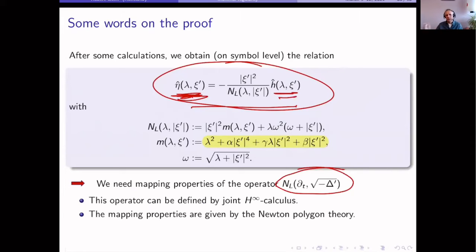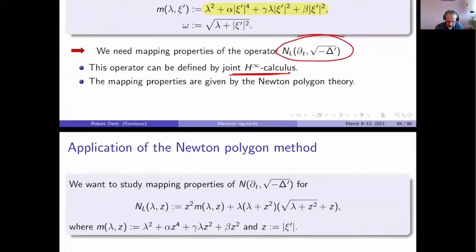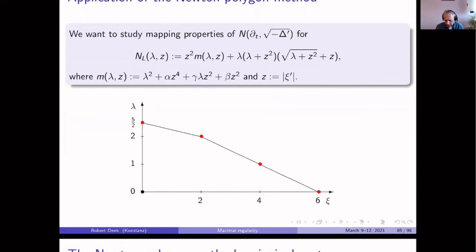Yeah? So this is a complicated expression in lambda and psi prime, a complicated operator in dt and dx. But now we have this machinery. As I told you yesterday, we can define this operator by a joint H infinity calculus or by Fourier multiplier methods. And then we can check if the Newton polygon method can be applied. And this is now our symbol. Yeah? So I replaced the modulus of psi prime by z. So we have here again this m coming from the plate equation.